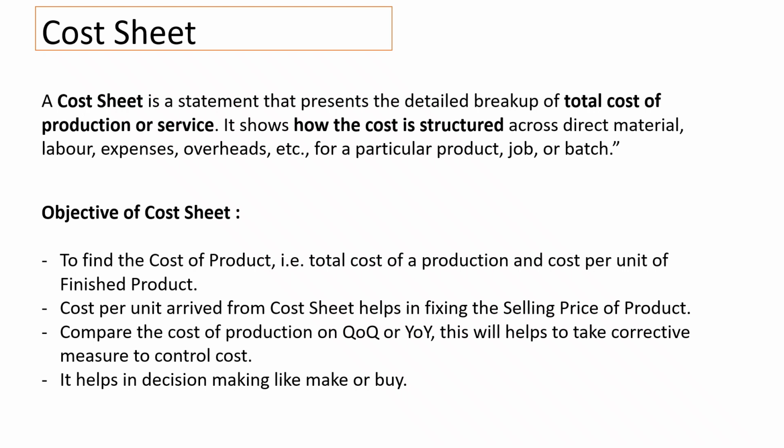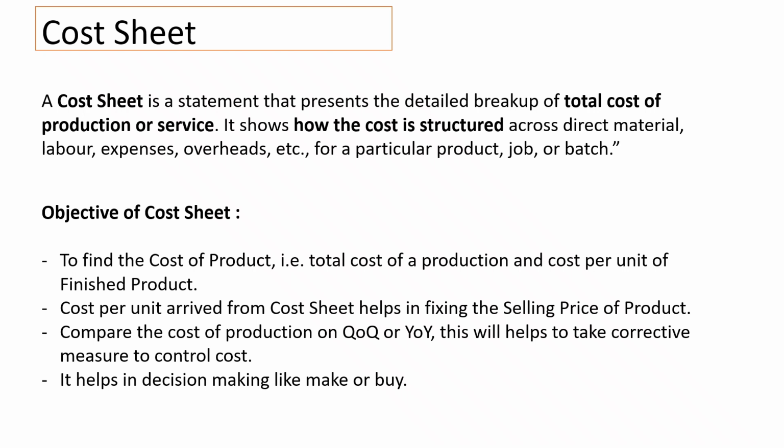It shows how the cost is structured across direct material, labor, expenses, overheads, etc. for a particular product, job, or batch. Basically, a cost sheet is a statement where you put all the costs incurred for the product to know the cost of the product.